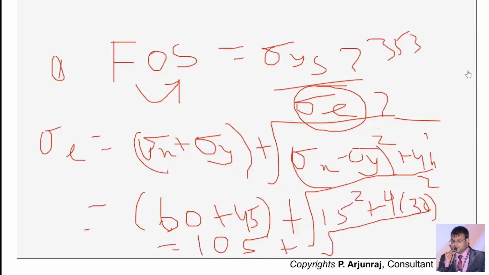You can use the calculator. 15 square is going to be 225, plus 4 into 30 square, which is 900 into 4, will be 3600.